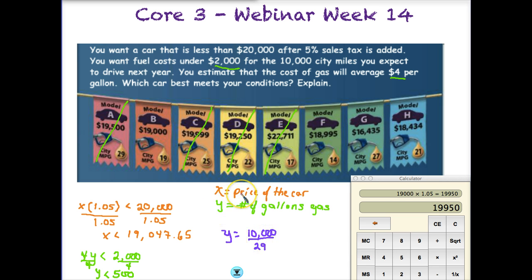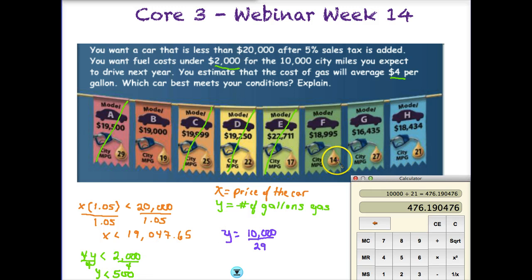So we can look at some that get very low mileages, like the 19 or the 14 or the 21, and we can get a benchmark, and then we can start to eliminate. So let's go within the middle. Let's try with the 21 and see how that works. So if we take 10,000 and divide that by 21, we end up with 476, and that is less than 500. So that 21 is okay.